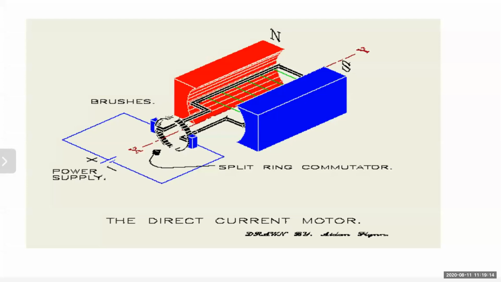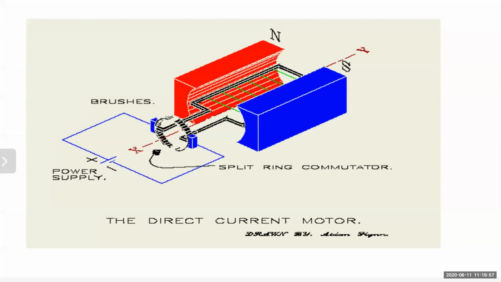Remember that. A force is exerted on the branch AB and pushes it down, and the current in the CD branch is in the opposite direction to that of the AB branch, and therefore the force on branch CD is in the upward direction. So the direction of the loop is anti-clockwise.